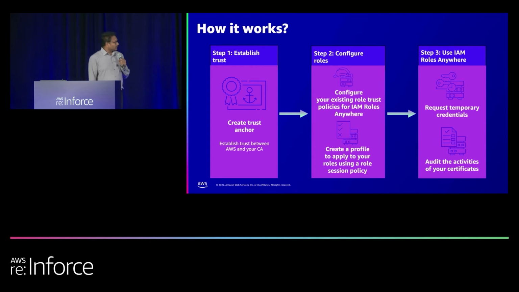So the first step, as it says, is to establish trust. The whole concept of IAM Roles Anywhere is that you're getting external identities that are not in AWS into AWS, so AWS can trust them and vend temporary AWS credentials that can be further used for accessing other AWS services. To establish this trust, you'll have to import your CA cert and create a resource called a Trust Anchor.